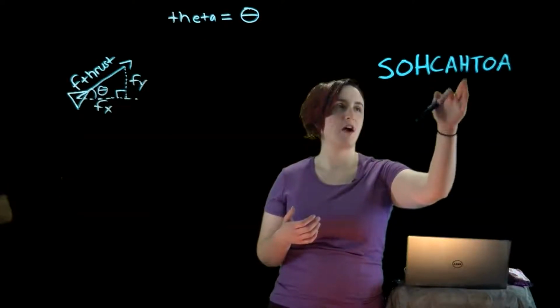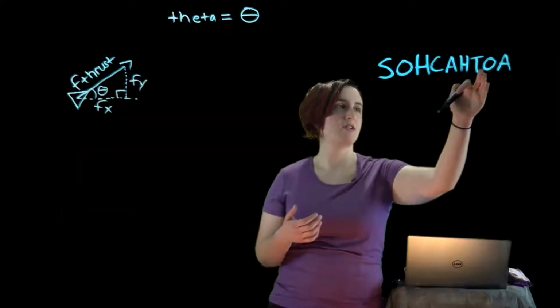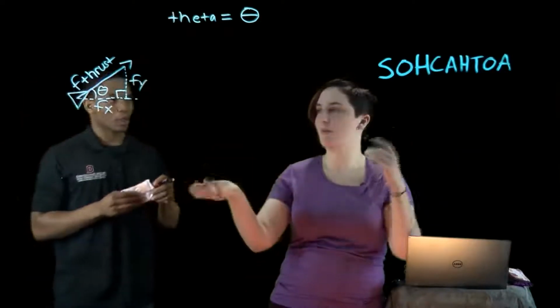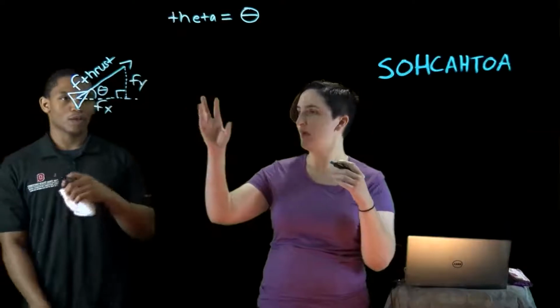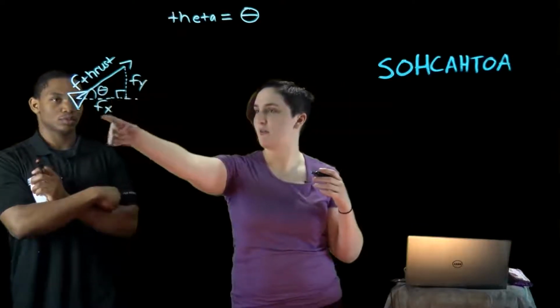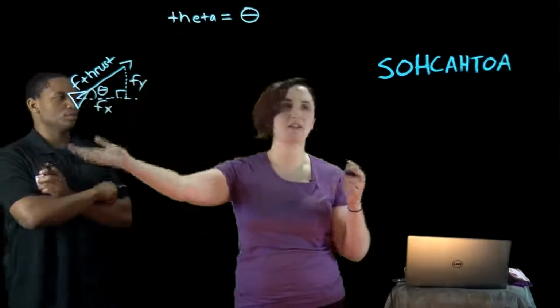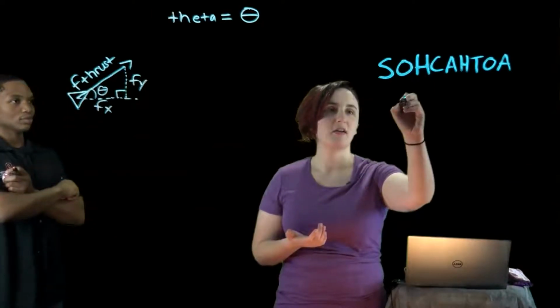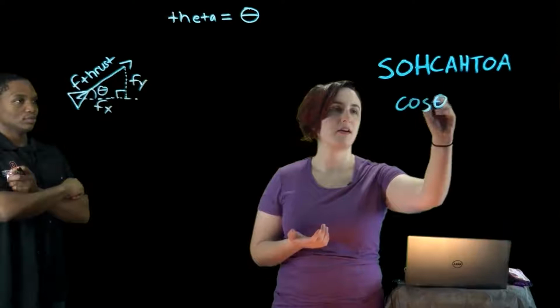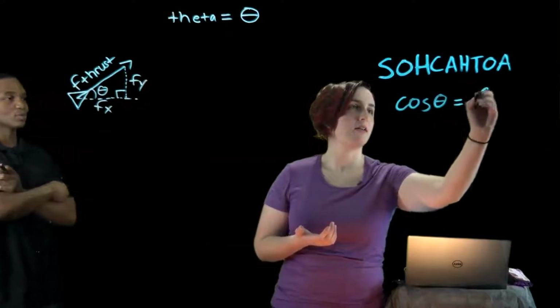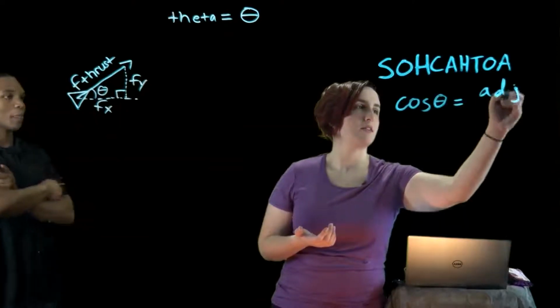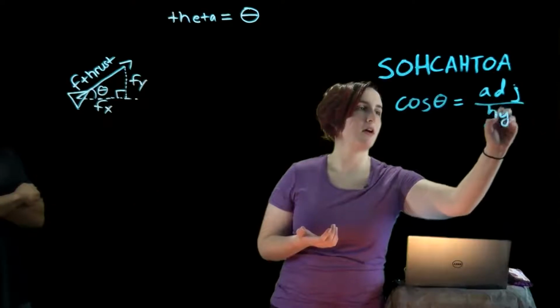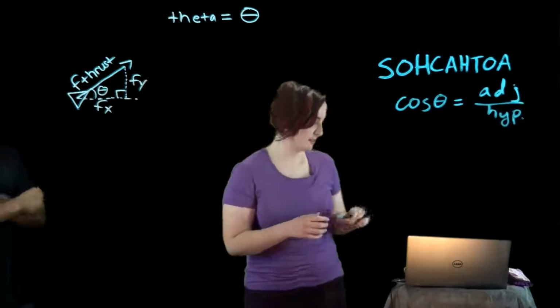Cosine is adjacent over hypotenuse. Tangent is opposite over adjacent. So for going to the right, we want the adjacent side, F of x, and the one that has the adjacent side in it is cosine. Cosine here is adjacent over hypotenuse. So there we go.